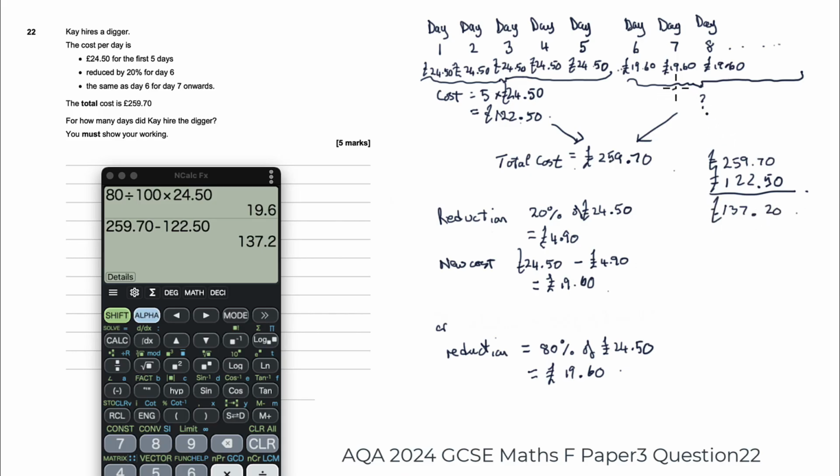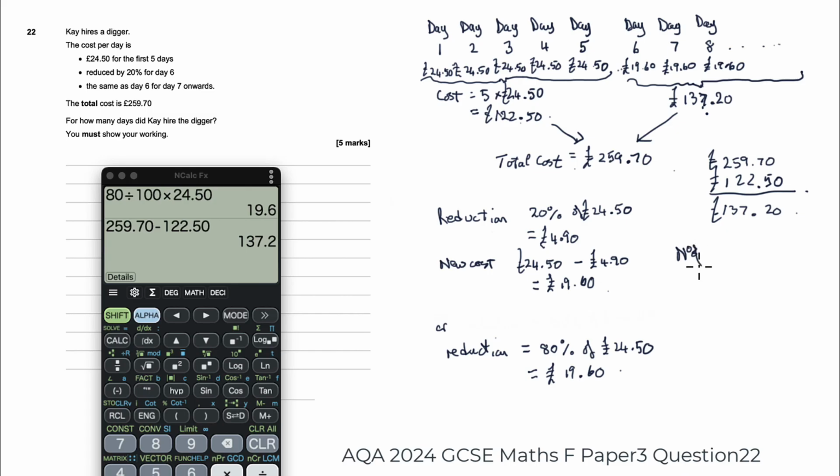So in here we've got £137.20, and that's the charge for an unknown number of days, and each day we're being charged £19.60. So the question is, how many £19.60s make up £137.20? Well, that's a division problem.